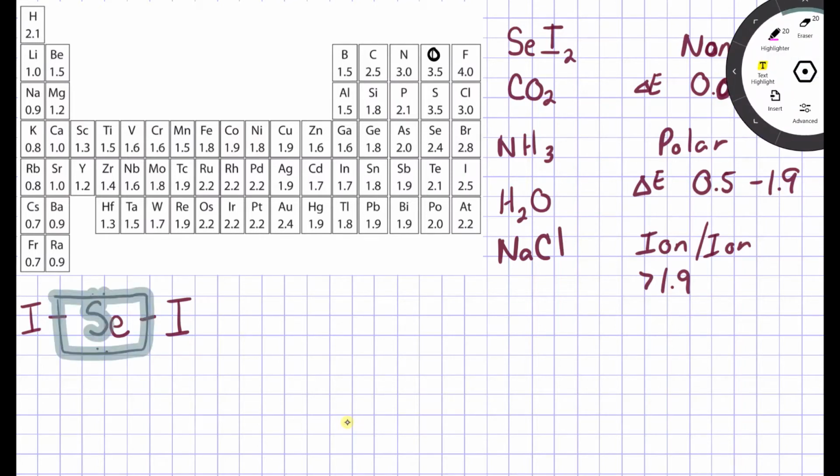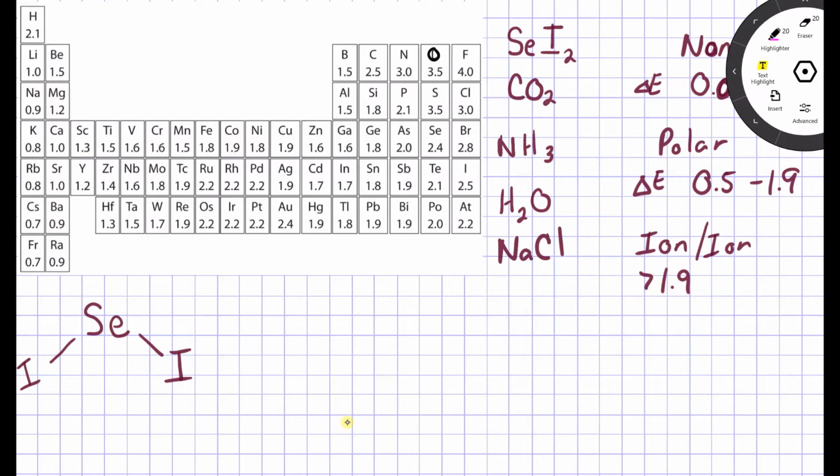I'm going to get rid of that and let me redraw this a little bit better. You can still draw it as straight as long as you understand what the shape actually should be. I'm going to draw it as the shape so that it doesn't confuse some of us. Okay? Because remember, my Lewis dots would be up there, but we don't need to draw them.